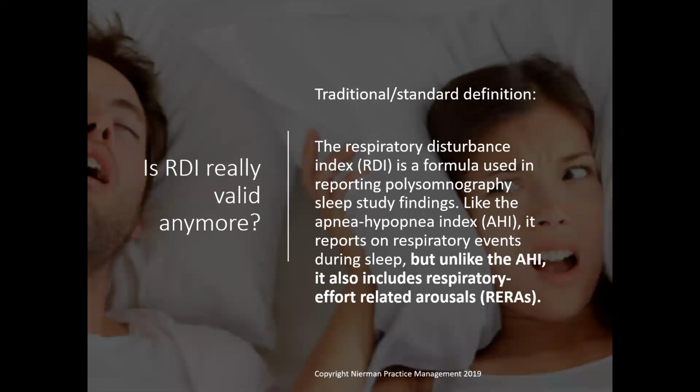Now, a little known fact that we really wanted to draw to everybody's attention this evening is that you'll find a little variance in Medicare's policy for the AHI and RDI calculation. The AHI, or the apnea-hypopnea index, is what you'll see referred to in many medical policies, both in and out of Medicare, which is the number that indicates the severity of the patient's sleep apnea, or obstructive sleep apnea.